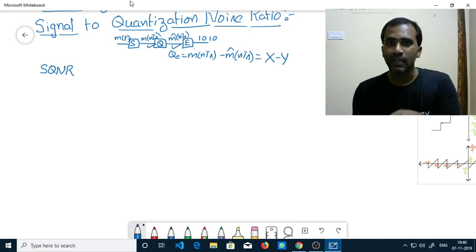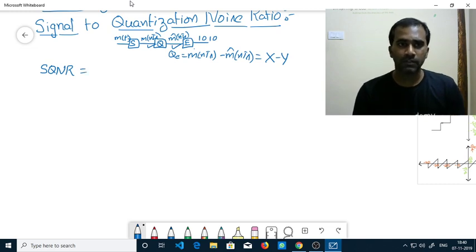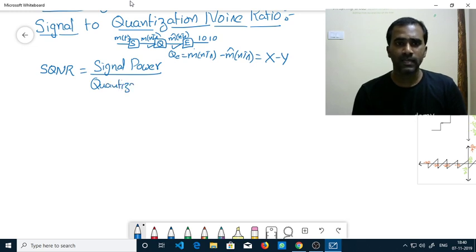Similar to SNR, here we are measuring signal to quantization noise ratio. So what is the formula for SQNR? It is simply signal power divided by quantization noise power. To understand the quality reduction due to quantization error, we are trying to find SQNR, and many questions can be asked based on this SQNR.